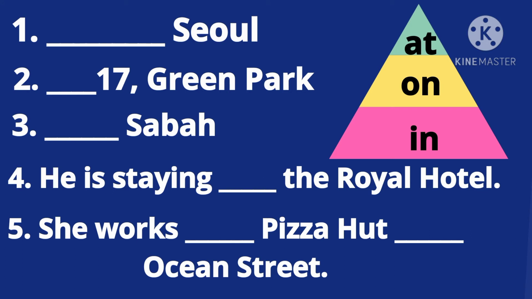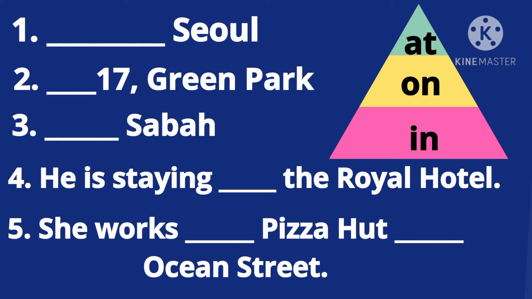Let's do some practice. Alright? So before we get started, let me just tell you that there are two ways that you could do this with me. One is, if you like a little more time to think about the answer, then just pause the video and you can see all of the exercises. So stop it, write down the answers, and then you can follow me as I go through it.